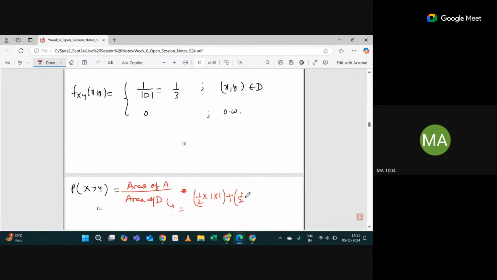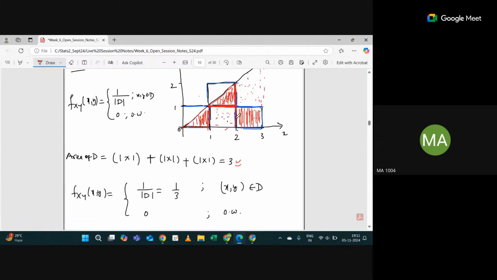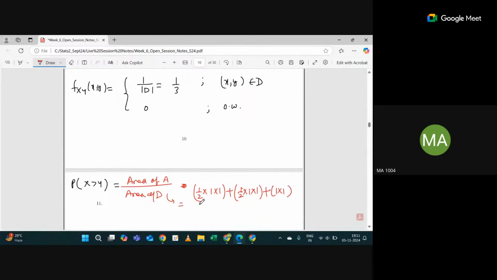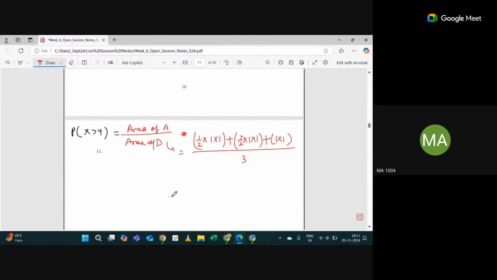Plus this square, 1 into 1, which is 1, and area of D is 3. So it will be (1/2 + 1/2 + 1) divided by 3, which is 2/3. So this is the probability for x greater than y.